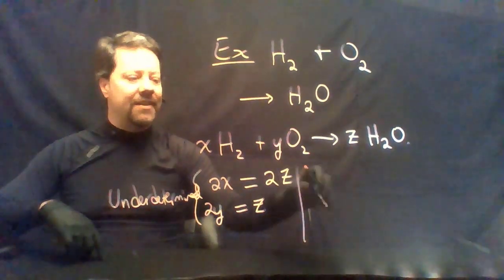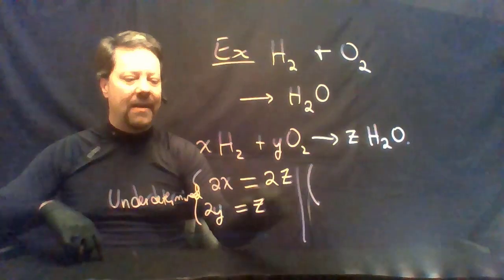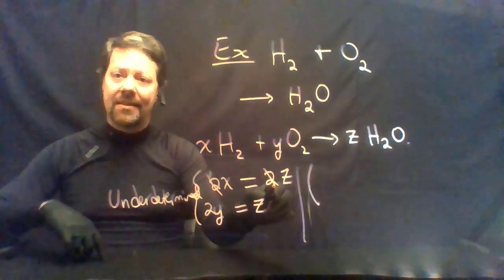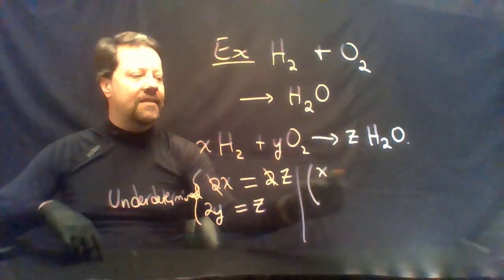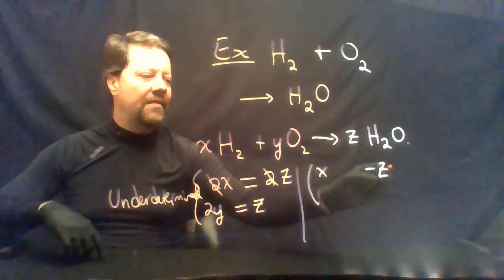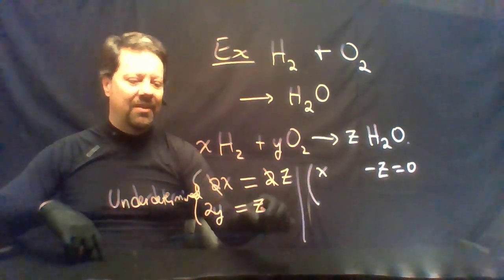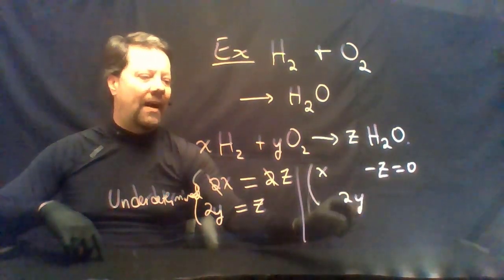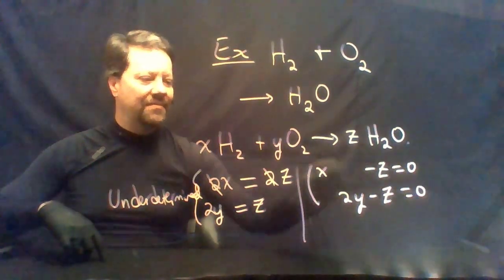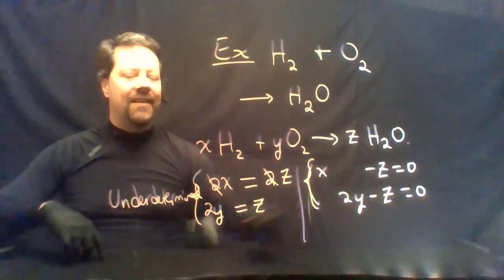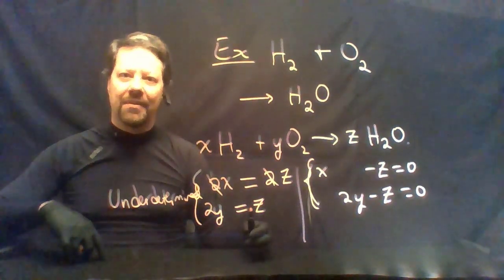Now, we can solve this system of equations by moving things around. You can see that we can cancel 2 off on this equation and get X minus Z equals 0. And also, we'll have 2Y minus Z equals 0. There you have it. It's almost in reduced row echelon form.